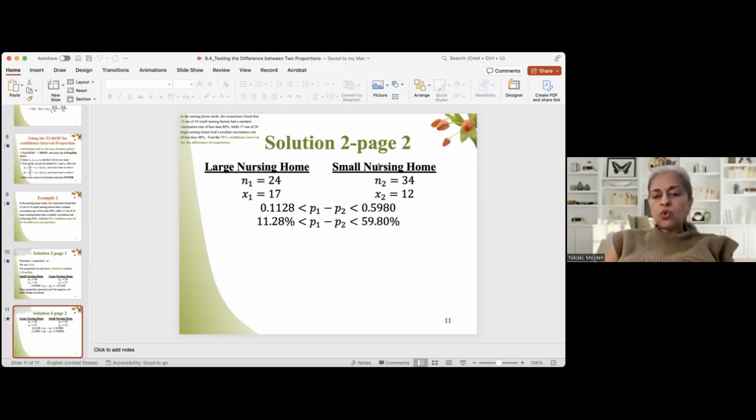Small nursing home group 2, n2 is 34, x2 is 12. Then I went to stat, test, 2-PropZInt. I entered these numbers, and it gave me positive results: 0.1128 for the first number, 0.5980 for the second.